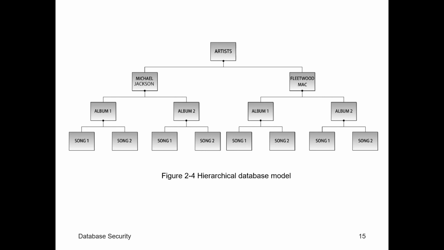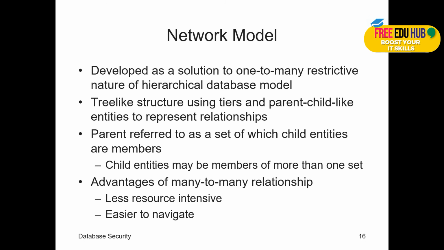If you want to find information about Fleetwood Mac or Michael Jackson, you'll write separately that you want to get information about Michael Jackson in his album number 1 and song number 1, or the categories which would be divided on a separate basis. Now, a network model was developed as a solution to the restrictive one-to-many nature of hierarchical database models.